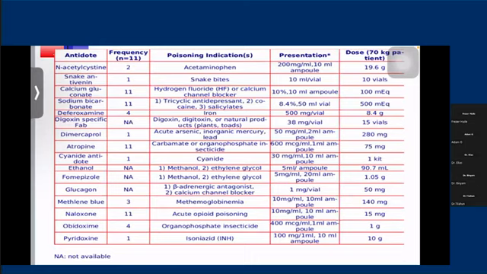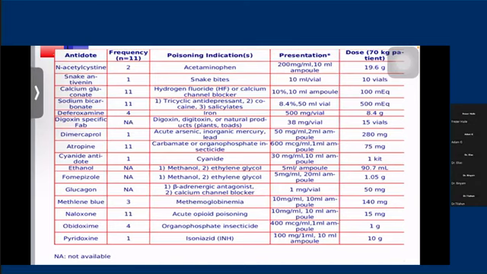The common ones we need to know: for organophosphates, atropine, and also for carbamate we can use atropine. For anti-TB, specifically isoniazid, pyridoxine is the antidote, and for TCAs like amitriptyline, sodium bicarbonate is one of the most important management agents.